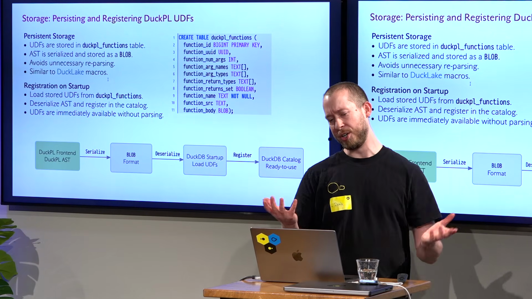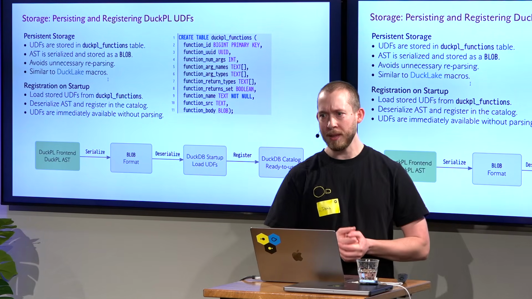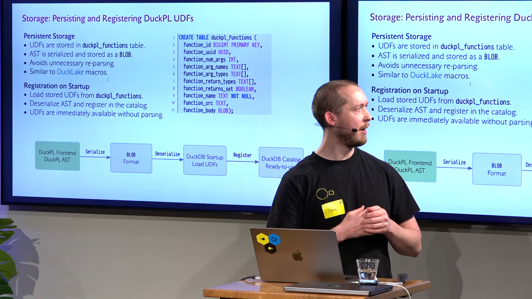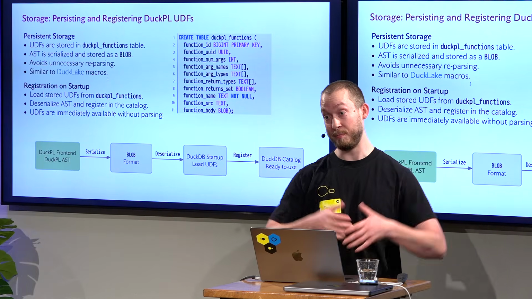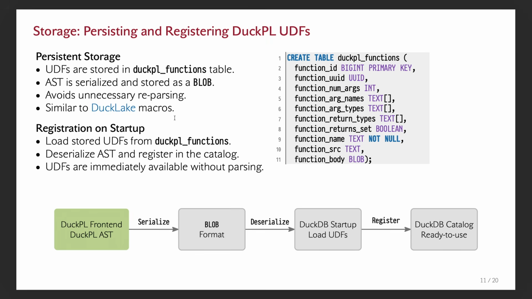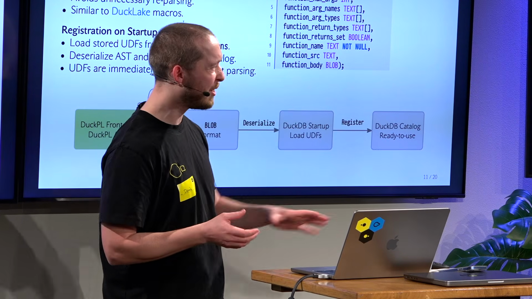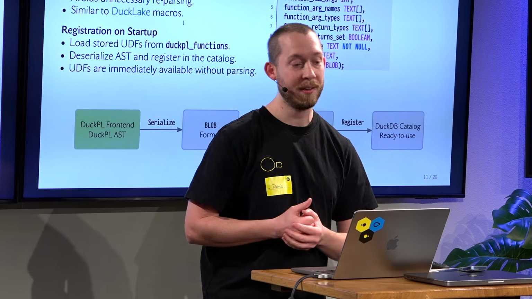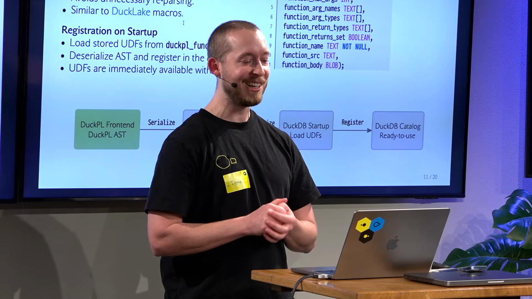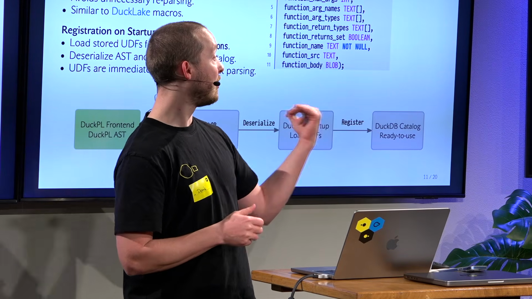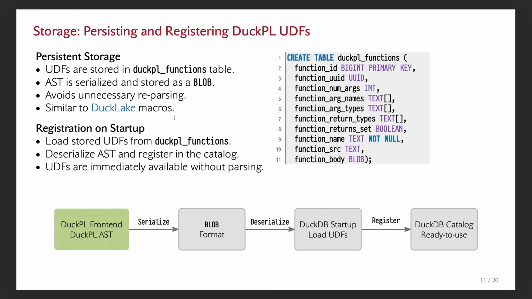In terms of storage, we have like this problem that we want to have persistent UDFs, and it's not that easy to extend the catalog because there are not that many hooks at the moment that would allow us to do what we are doing here. So we just stole the idea from Duck Lake, how they approach macros, and we just store our UDF definitions in a table, which is really simple to do.